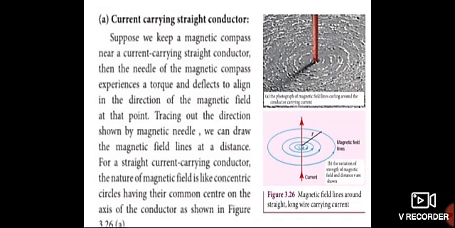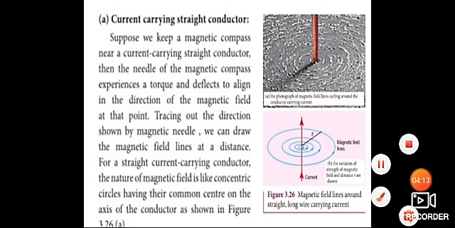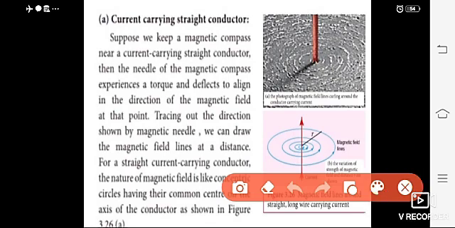For a straight current carrying conductor, the nature of the magnetic field is like concentric circles having their common center on the axis of the conductor, as shown in the figure. Here we can see the magnetic field lines as concentric circles.